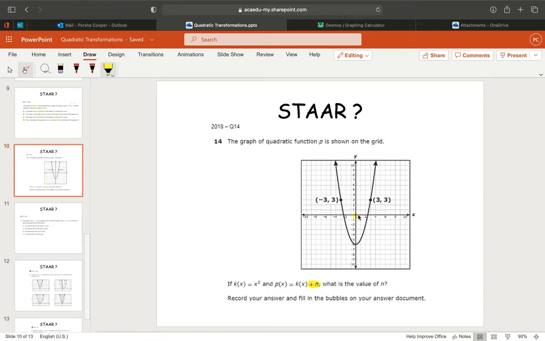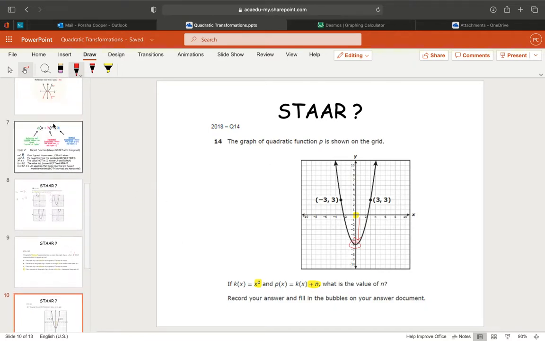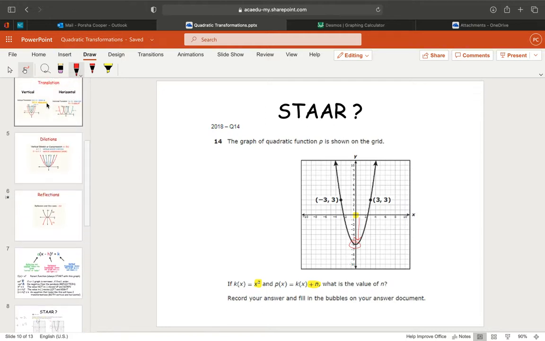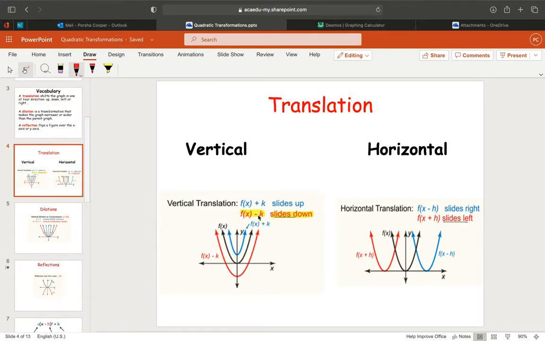So if we start at 0, which is for the parent function, it looks like this graph has been pushed down to -6. And so if the graph is pushed down, again, that means that we're going to have to subtract a value. So it is pushed down 6 units.